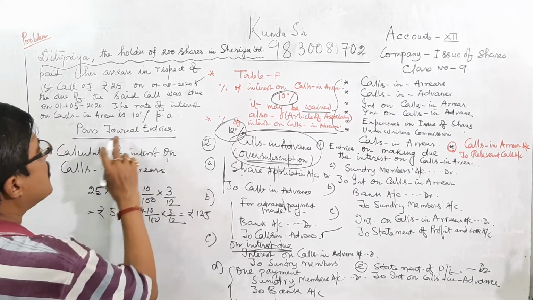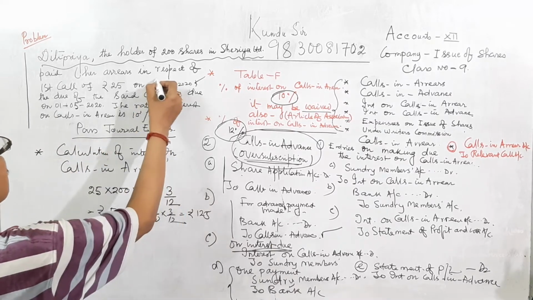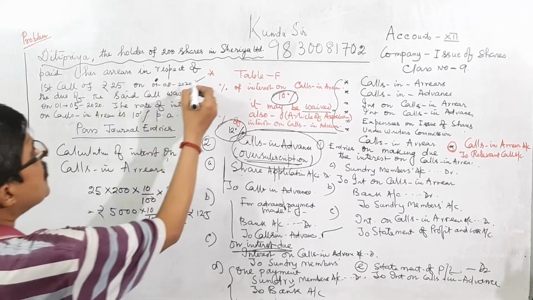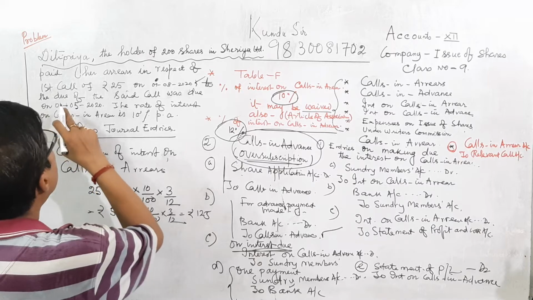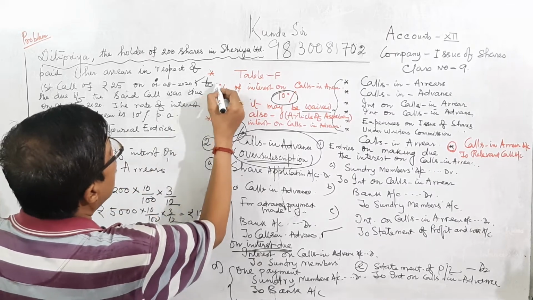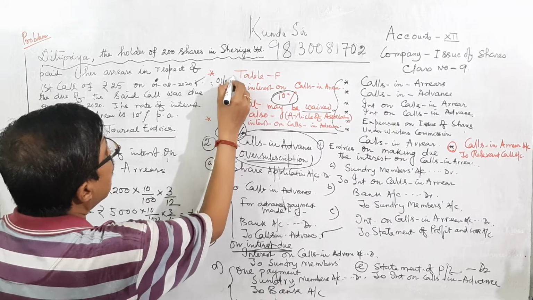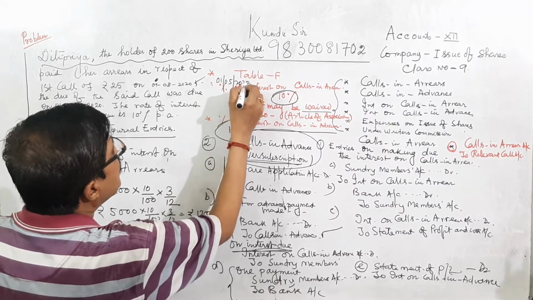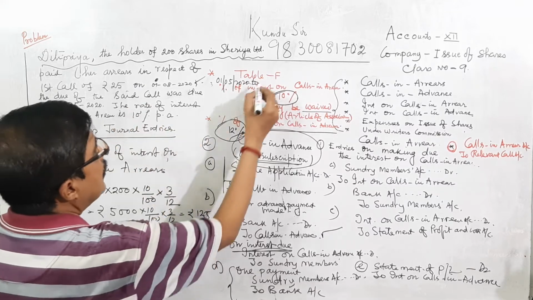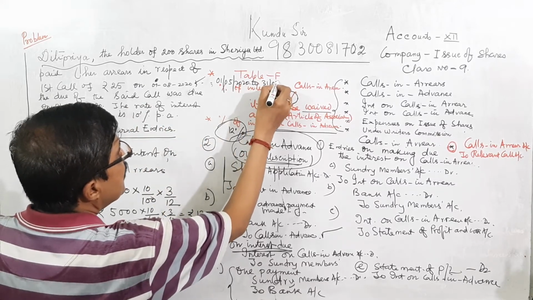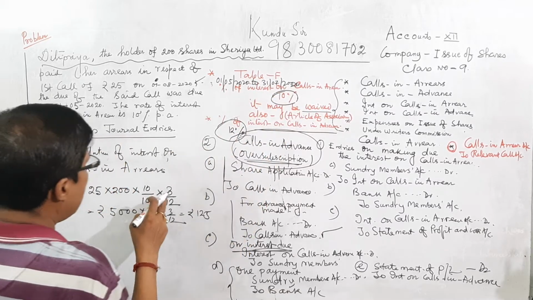That means the duration for calculation of interest is from 1st May 2022 to 31st July, that is May, June, July, 3 months.